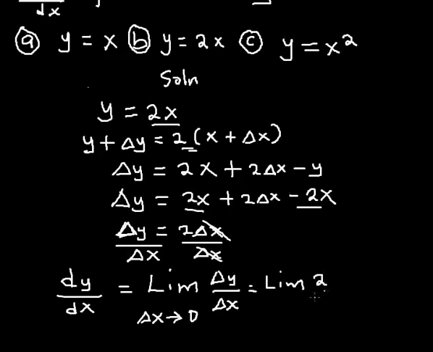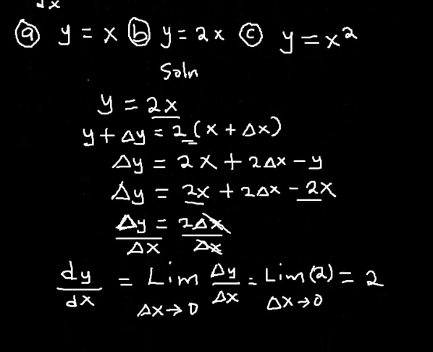That's going to be the limit of 2 as delta x approaches 0. So of course the limit of a constant is still that constant, that is going to be 2. I hope that is well understood.